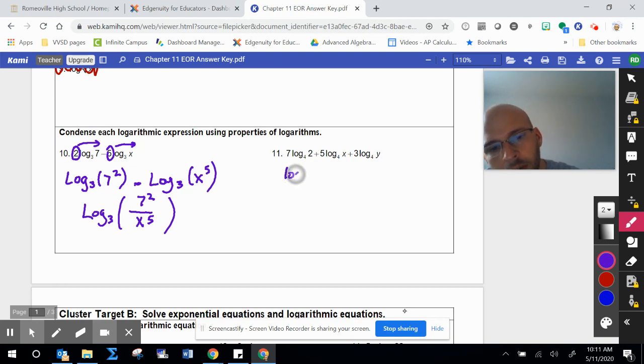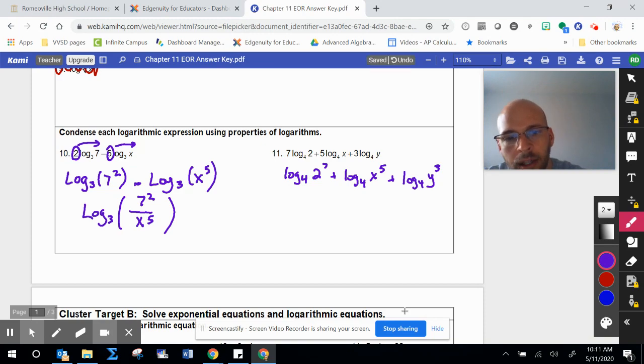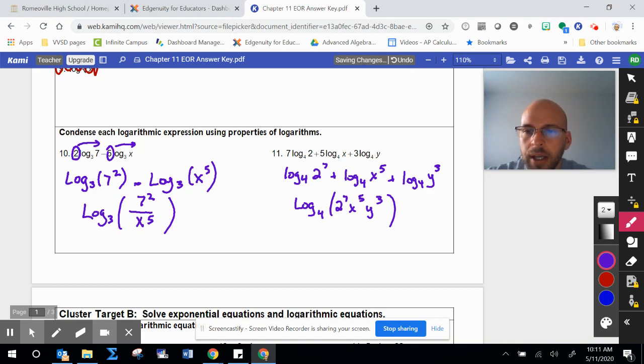So I'm going to say the log base 4 of 2 to the 7th plus the log base 4 of x to the 5th plus the log base 4 of y to the 3rd. Now these are all being added together, so I know I need to multiply all of the insides. So I'm going to say 2 to the 7th, x to the 5th, y to the 3rd, and that would be my answer of everything condensed into just one log expression.